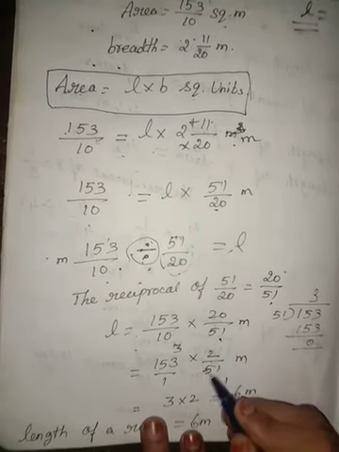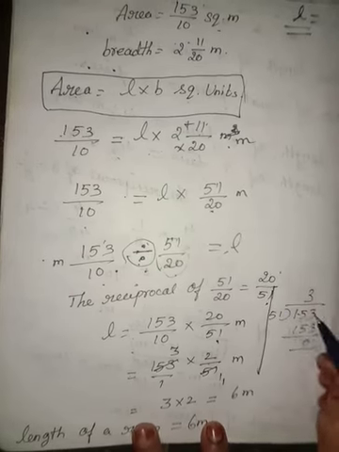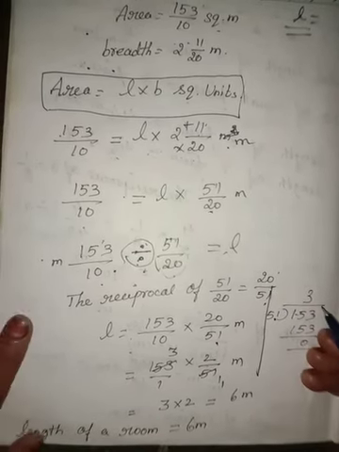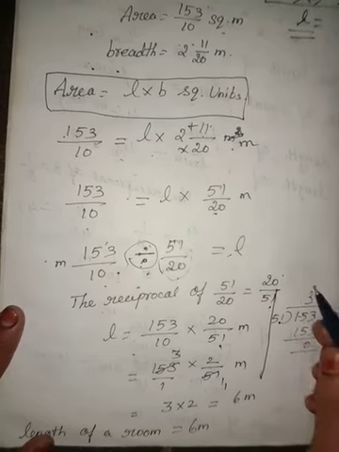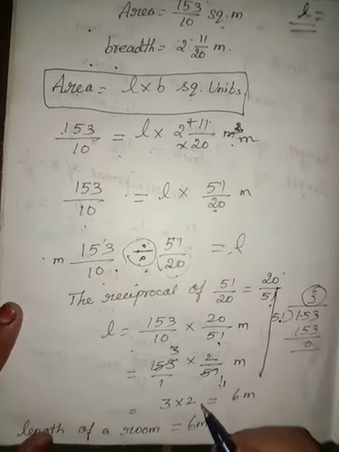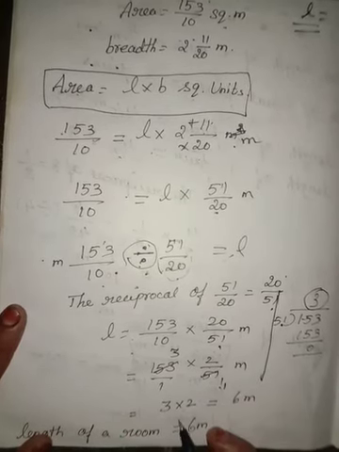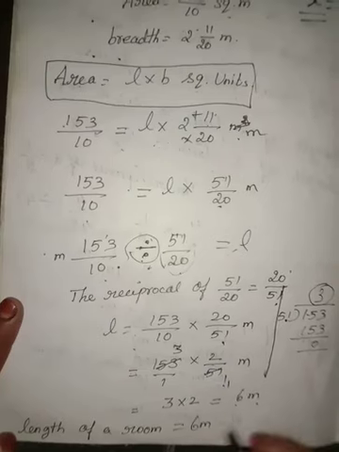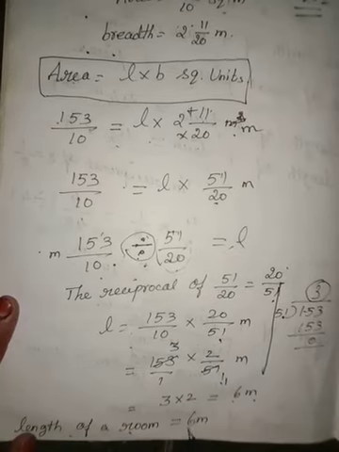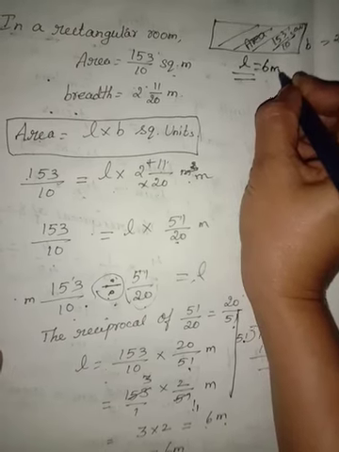Simplifying the numerator and denominator, how many times is 153 divided by 51? 3 times, since 3 51s are 153. Multiplying the numerators, we get 6 meter. The length of the rectangular room is 6 meter.